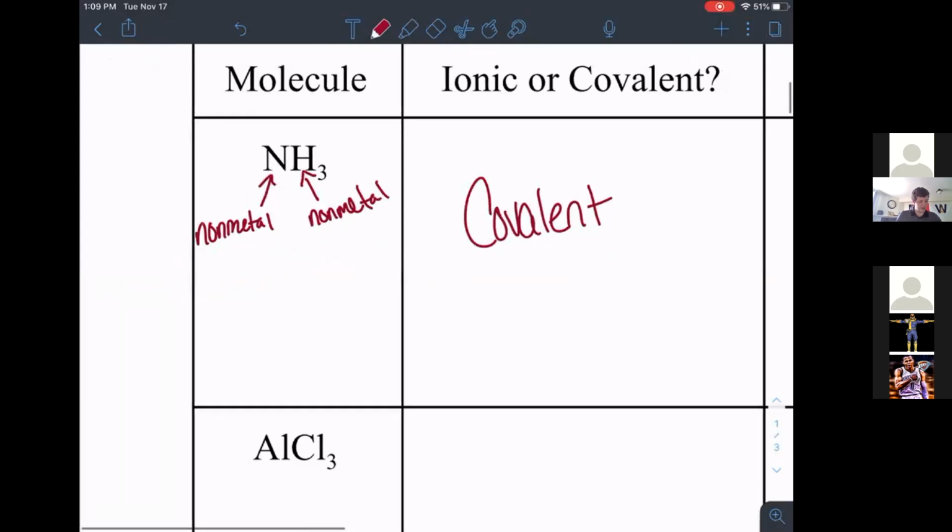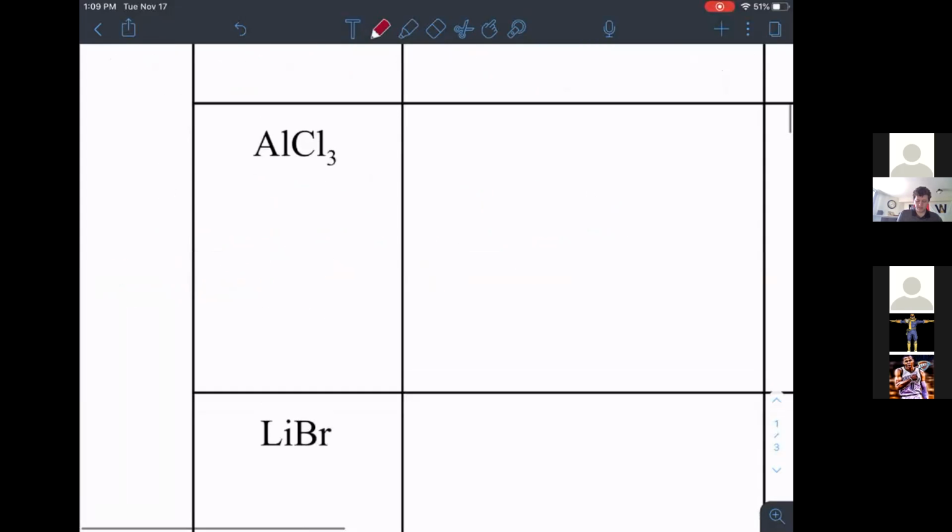All right. What about the next one? We have aluminum. Is that a metal or a non-metal? Metal. Chlorine, is that a metal or a non-metal? Non-metal. So if we have a metal and a non-metal, is that ionic or covalent?